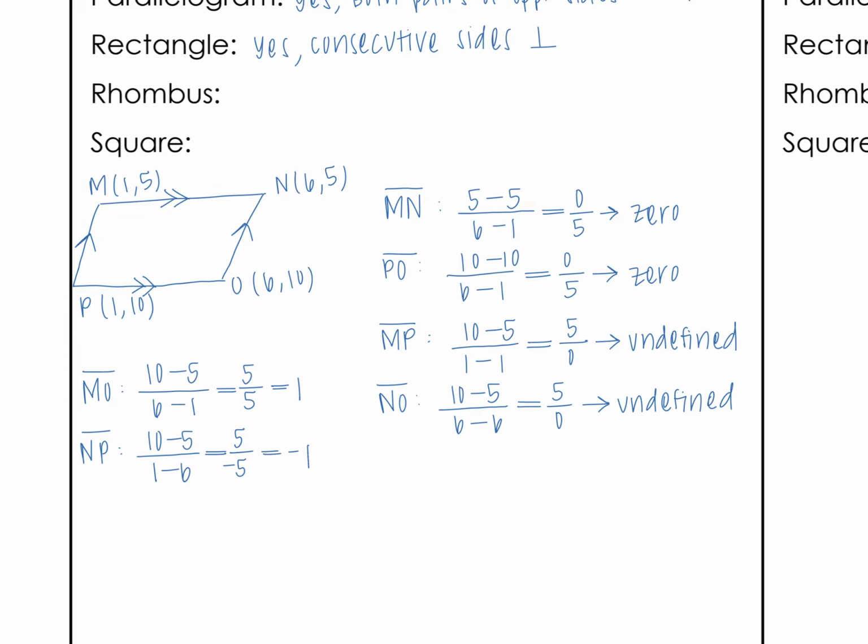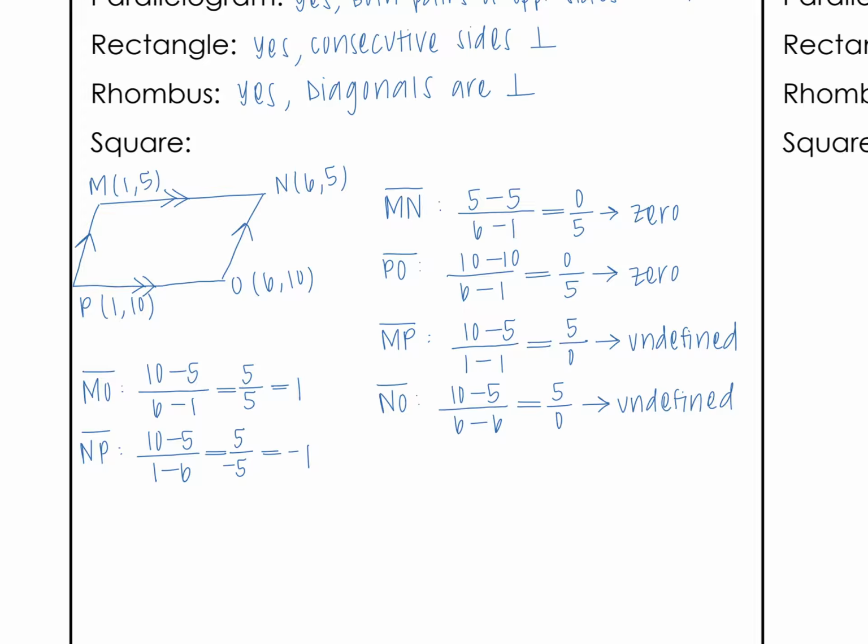And so those two slopes are perpendicular. So we can say, yes, this is a rhombus. And my reason to justify it is the diagonals are perpendicular. All right, and there is no more work needed for the square.